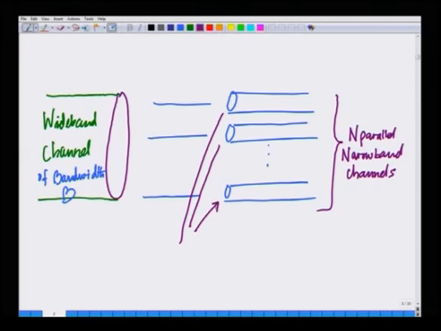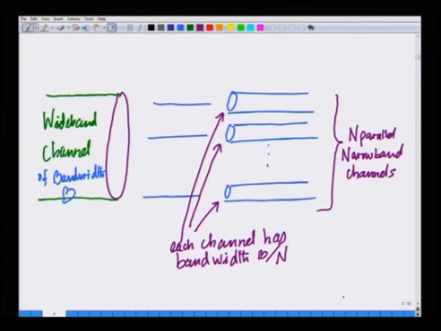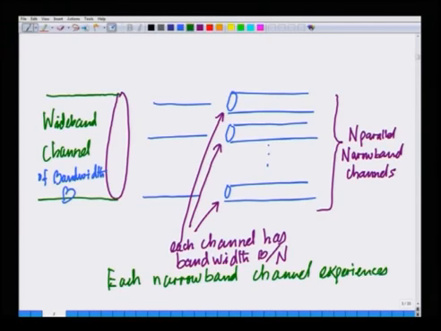Each channel has bandwidth B by N, and each is essentially a narrowband channel, and each experiences flat fading.